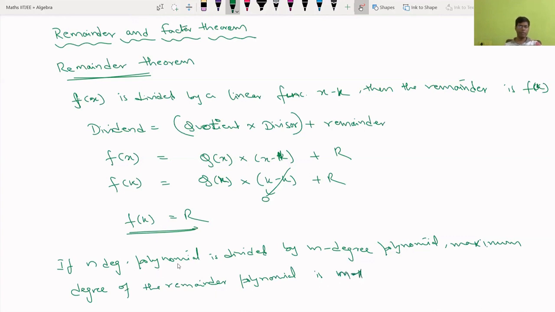So if n degree polynomial is divided with a m degree polynomial, in the previous case, our divisor was a linear, so m degree, in that case it was 1. The degree 1 polynomial was dividing the nth degree polynomial. Then the maximum degree of remainder will be m minus 1.